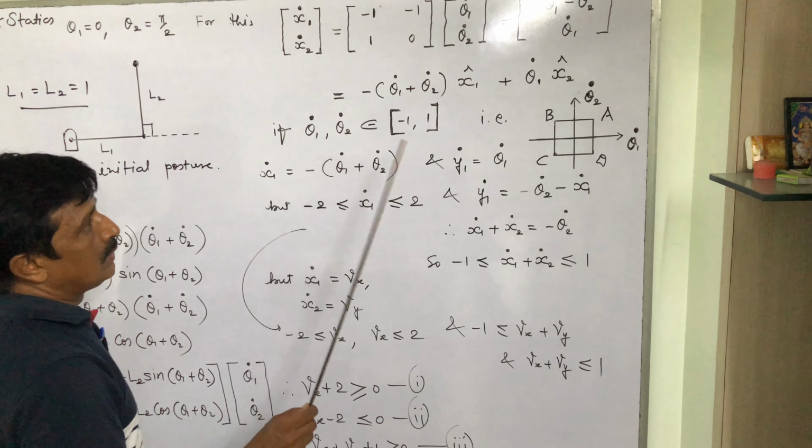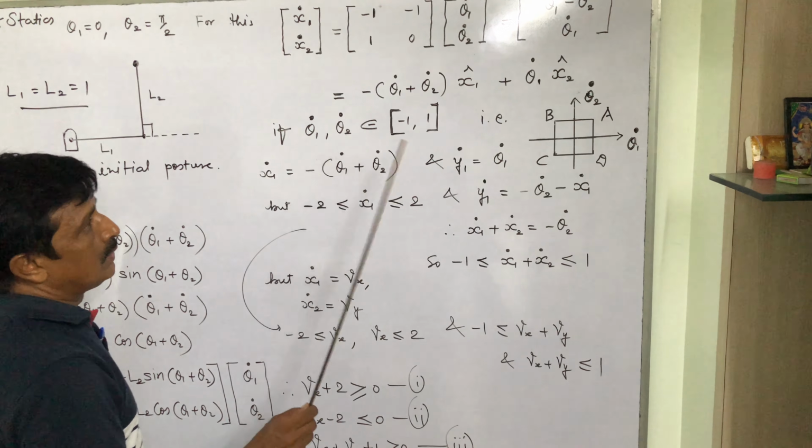So for this range of theta 1 dot, theta 2 dot, what is the velocity x1 dot, x2 dot? What is the velocity of the tip point, the end effector point? Theta 1 dot and theta 2 dot both belong to the closed interval minus 1, 1.